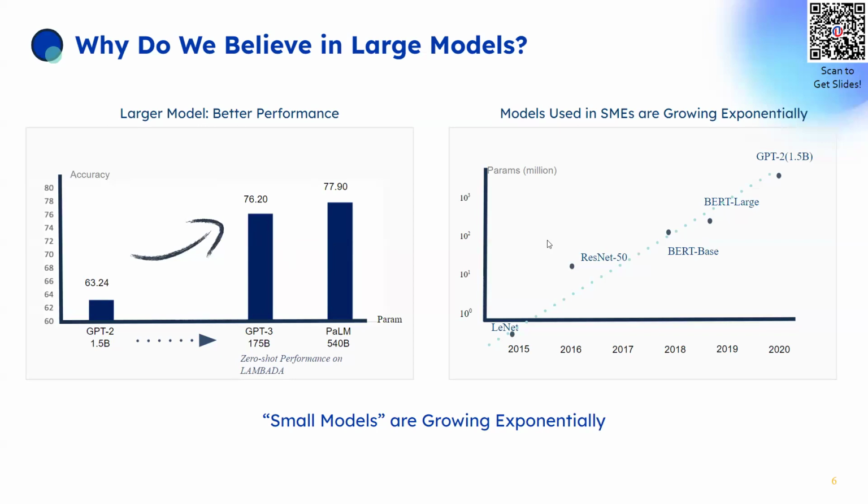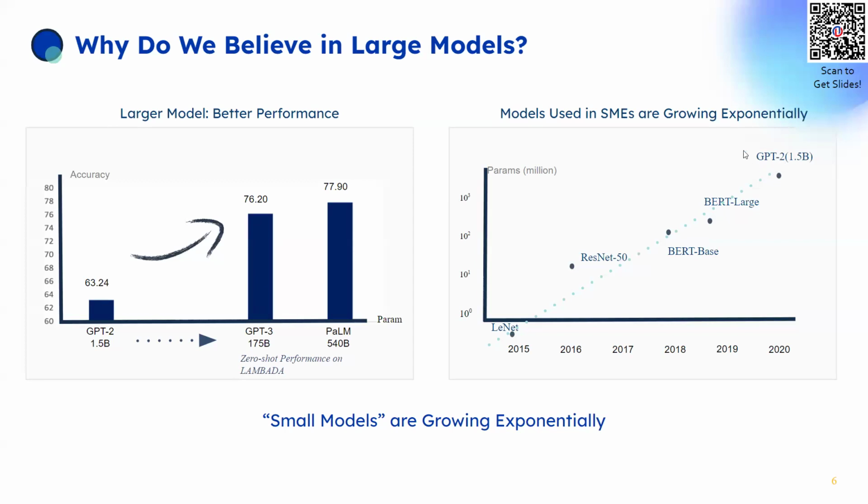And another interesting trend is that even for researchers or small enterprises who use small or tiny models, the definition of a small model is also becoming larger. For example, in 2015, the small model was like that. In 2017, the small model may be ResNet.